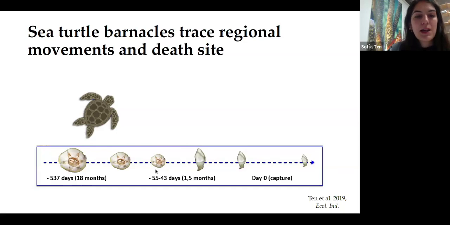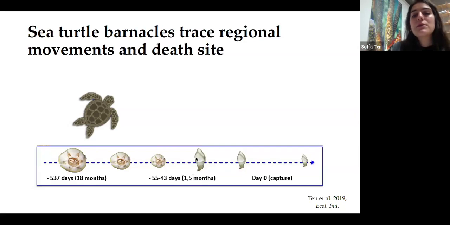So basically, we could estimate that this sea turtle had been in neritic habitat, so in a coastal habitat, for about a year. Then the largest Lepas barnacle, which indicated oceanic residency, was about the same age as the smallest Chelonibia one. So this indicated this transition from a neritic to an oceanic site.